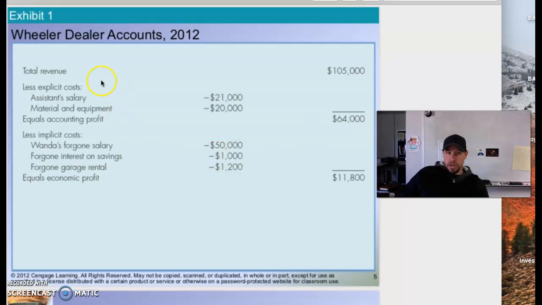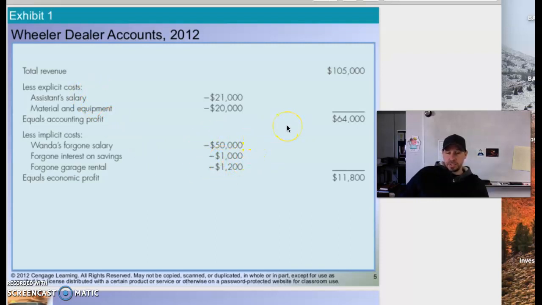Well, Wanda, in this example, could be doing something else. She had an old job, a $50,000 salary that she gave up. She gave up some interest on her savings. She gave up a garage rental. So these are all things that she owned and spent, all right? So here we have $52,200 that, had she not run this tire business, I think is what it is in the book, I'd have to go back and look, she would be earning.